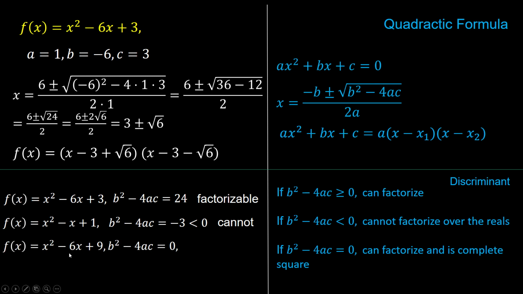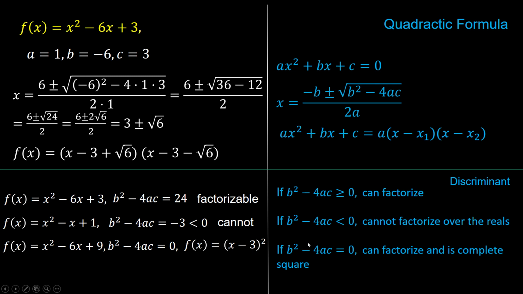Let's look at another example. If this is plus 9 here, then b squared is 36, minus 4ac, that's 36. So that is equal to 0, and therefore you can factorize and you have a complete square. In fact, we did this. It is a complete square, which is (x minus 3) squared. Okay?